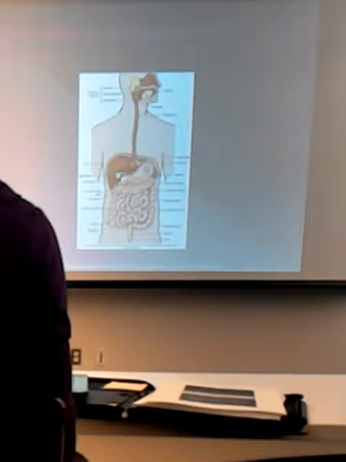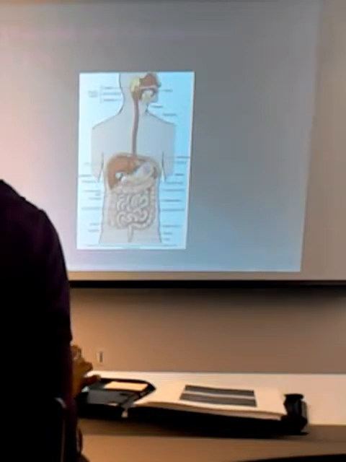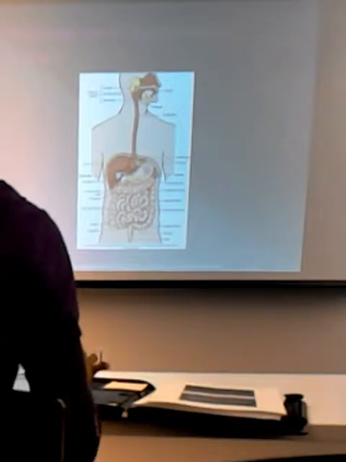I'm going to say it a bunch of times, just relax, you're not writing this down right now. Carb digestion begins in the mouth, protein digestion begins in the stomach, and fat digestion begins and ends in the small intestine. All digestion ends in the small intestine. Most nutrient absorption happens in the small intestine.